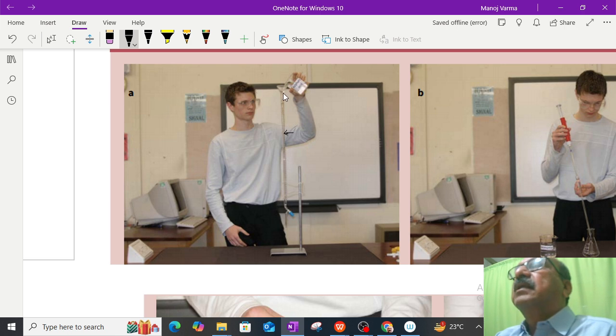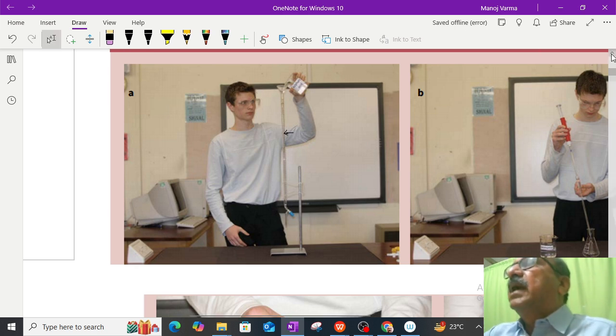This is the funnel, and then a certain solution is being added to it. This is the burette, the stand, right? And you have to fill up the burette up to the 0 mark, and then you have to open the tap from here and add the liquid which is provided to you.